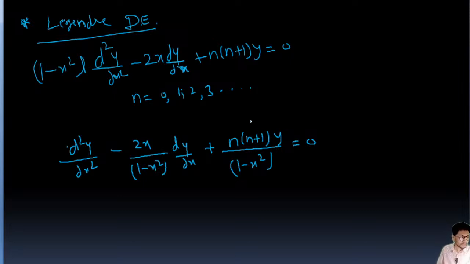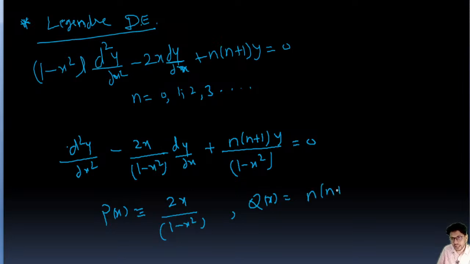So from here the value of p(x) is 2x upon 1 minus x squared, and the value of q(x) is n(n plus 1) upon 1 minus x squared. So these are the values of p(x) and q(x).